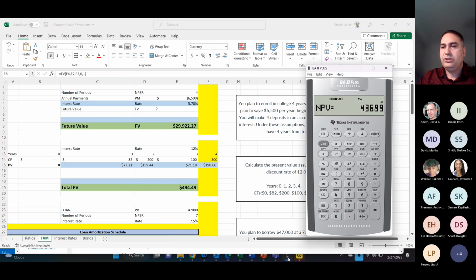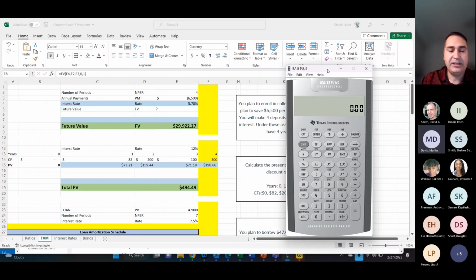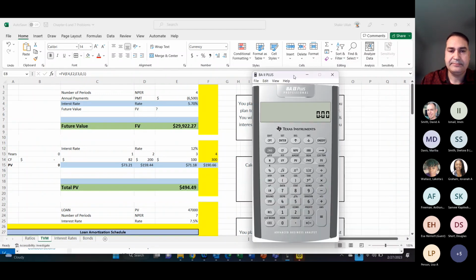If you want to do this using your calculator, for example, if you are good with that, make sure that you reset your calculator so that you don't get into any trouble. Can you see my calculator? Yes. Okay. Now, what you need to do in this particular case, because this is annuity due, is make a little bit of change in your calculator settings.